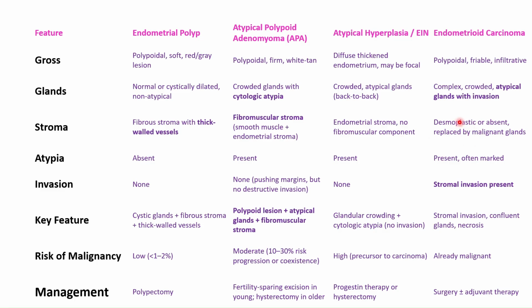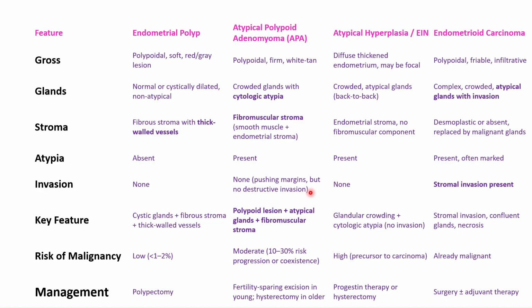Endometrial carcinoma mostly shows desmoplasia, or the stroma is replaced by mainly malignant glands. Atypia is absent in endometrial polyp and present in all these three conditions. Invasion, if present, indicates endometrial carcinoma. Here there is no invasion at all. In APA, or atypical polypoid adenomyoma, there may be a pushing margin but no destructive invasion.